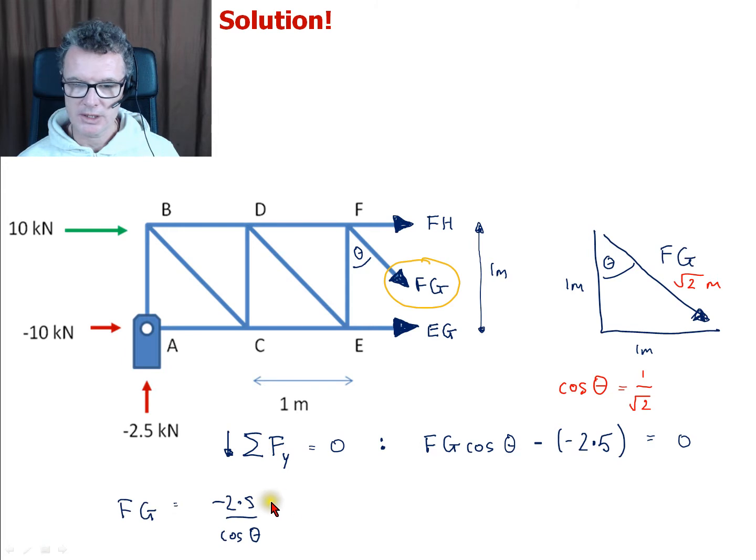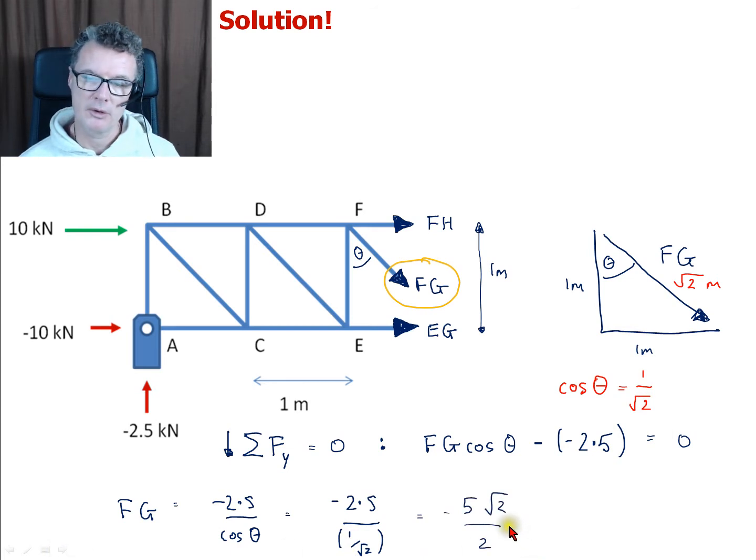So minus minus gives me a plus. Bring it over to the right hand side and make it into a minus again. So we have FG cos theta equals minus 2.5. Now let's divide through by the cos theta. The cos theta is 1 over root 2, so let's play around with that. 1 over root 2, what are we going to do with that?